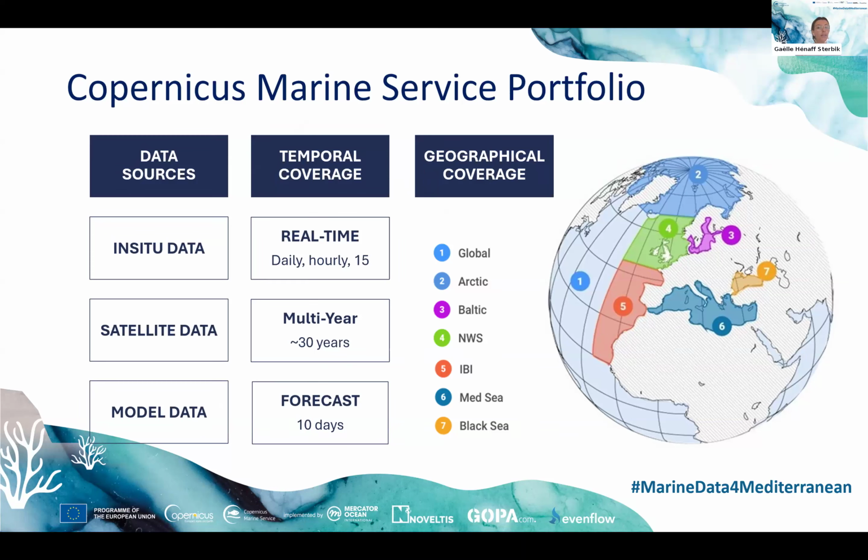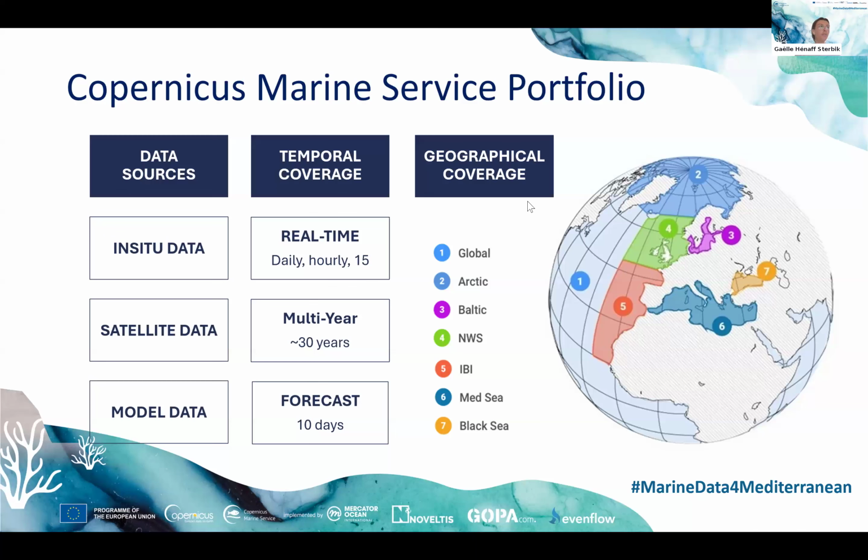You will also find several types of temporal and geographical coverage. It includes, as we said, in-situ data, satellite observations, and model data. You can also find data that are measured right now, which we call real-time data, but also from the past all the way back to 30 years, that we call reanalysis or multi-year, and we also provide forecasts 10 days into the future.